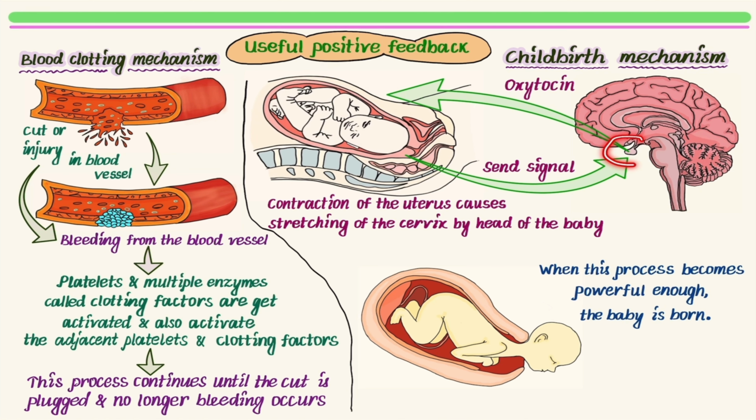Then the posterior pituitary gland secretes oxytocin and this oxytocin causes strong contraction of the uterus, which causes again stretching of the cervix by the head of the baby, and again a signal is sent from the uterus to the posterior pituitary gland. Then the posterior pituitary gland again secretes oxytocin. Then oxytocin causes again strong contraction of the uterus. When this process becomes powerful enough, the baby is born.